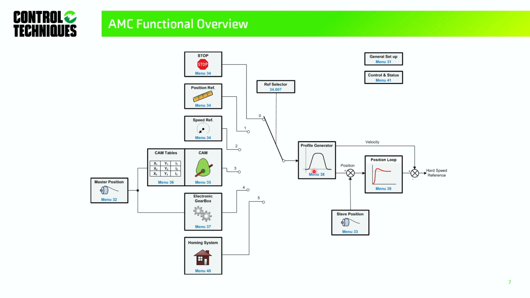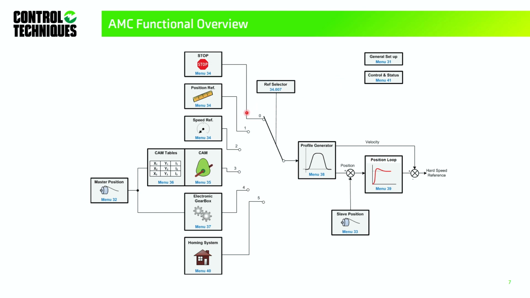And when I want to home the system, I'm going to shift 3407 to homing, which is 5. So I determine the input for the AMC from one of these sources using menu 34 parameter 7 after I've already set up my user unit scaling in menu 31.